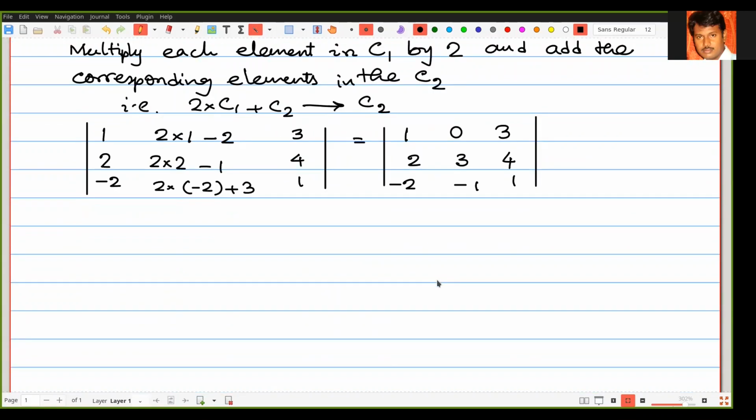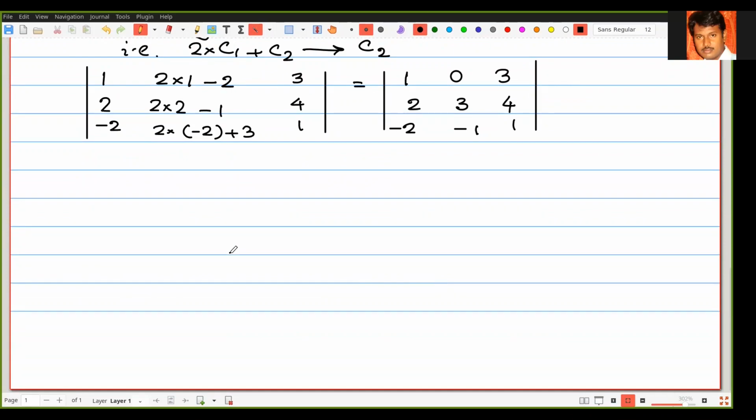Then once again we are doing the operation, that is minus 3 into C1. That means column 1, each and every element is multiplied with minus 3, then adding with the elements of the corresponding column 3, then it is transforming into column 3. So now the determinant is 1, 2, minus 2, and 0, 3, minus 1.